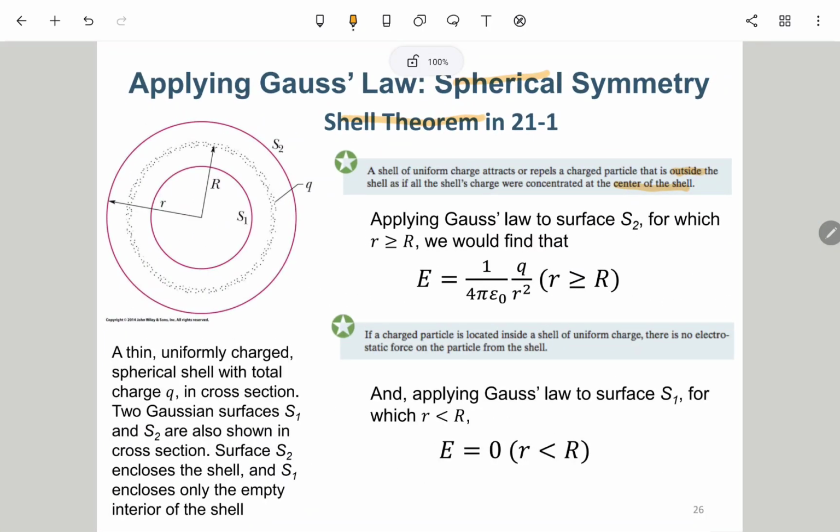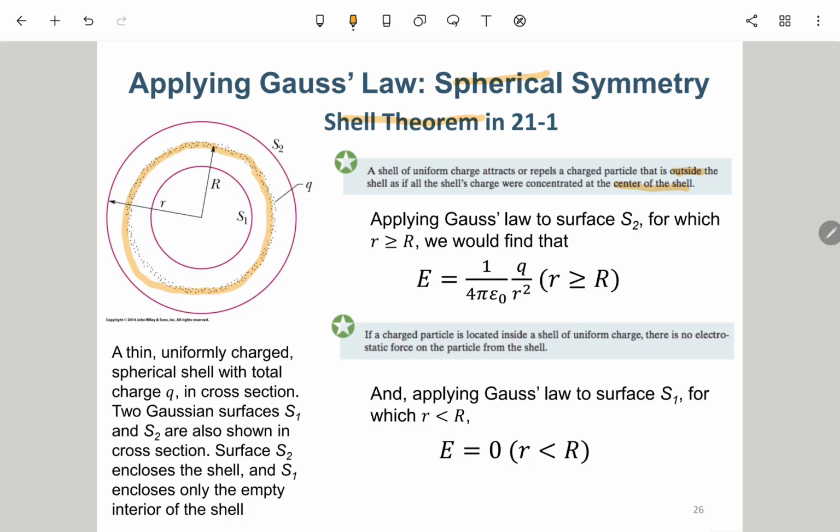Actually this is the case for a sphere. This is the sphere of charge. All the charge is concentrated here, or actually uniformly distributed along the sphere.